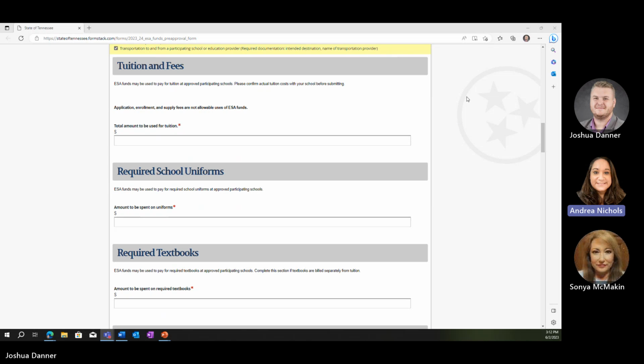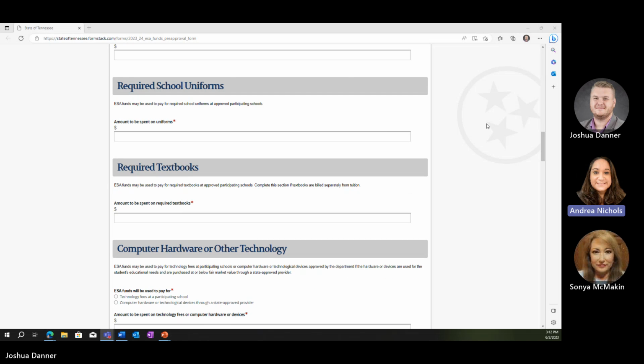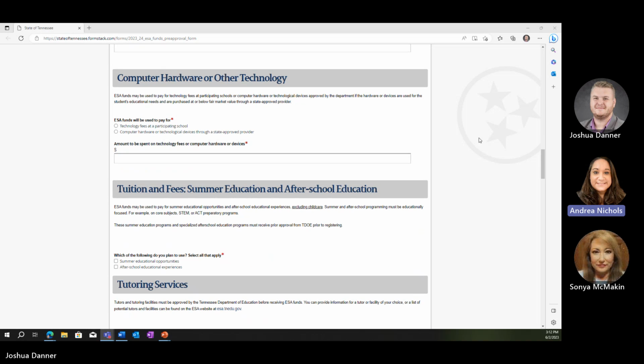Uniform fees must be required at a participating school in order to receive reimbursement. Fees should align with the fees provided by the school. Computer hardware and technology fees must be required by the school. Documentation must be submitted if purchasing equipment outside of what the school provides.